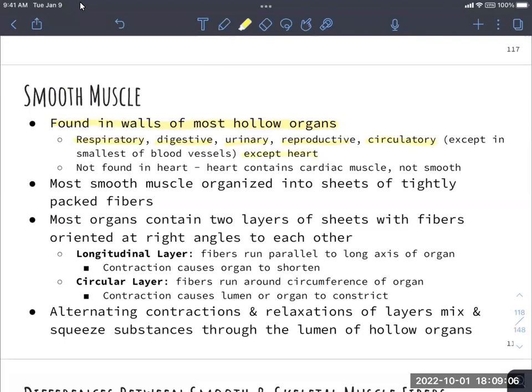Smooth muscle is usually arranged into what kind of like sheets. Remember, they're those fusiform type fibers. They kind of fit together really well. They kind of form these little sheets.